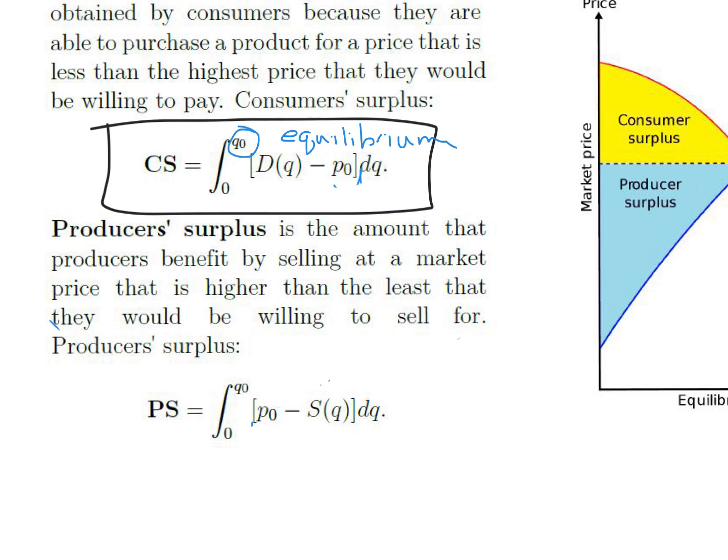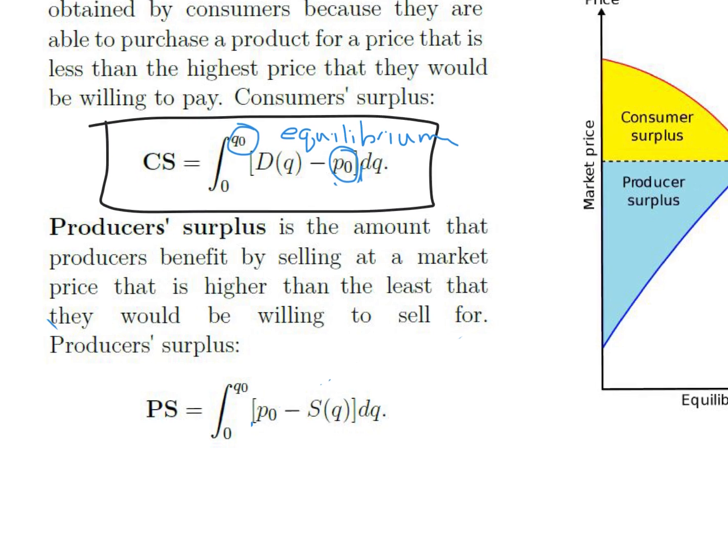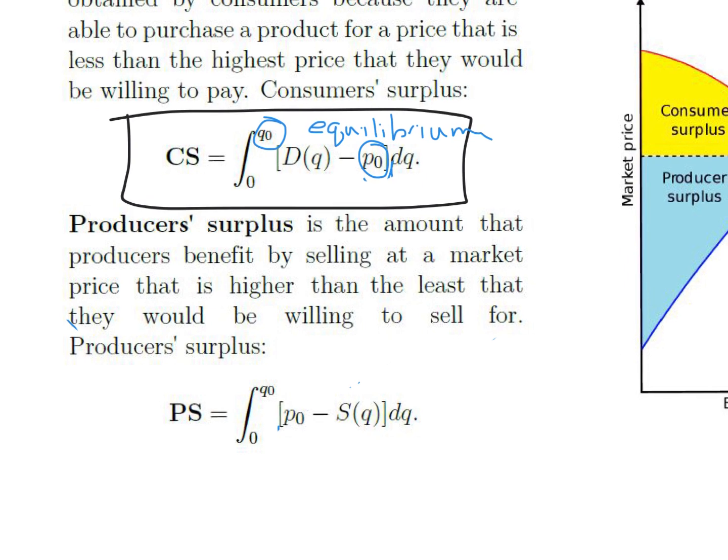Yay, everyone wins. So equilibrium quantity, okay? Here, P sub 0 is equilibrium price. Equilibrium quantity, equilibrium price. You'll see those two values repeated in the producer surplus. They're the same equilibrium quantity and the same equilibrium price. Equilibrium means they're the same.